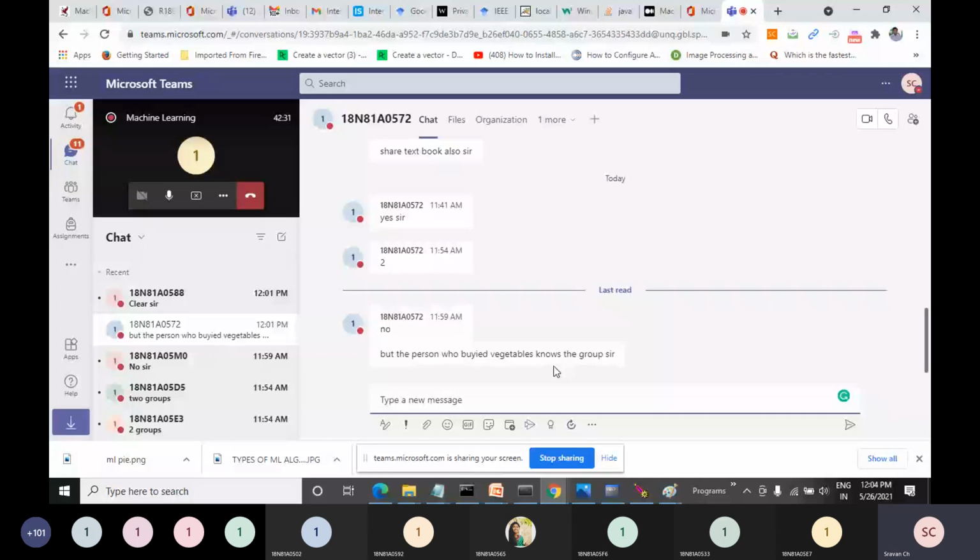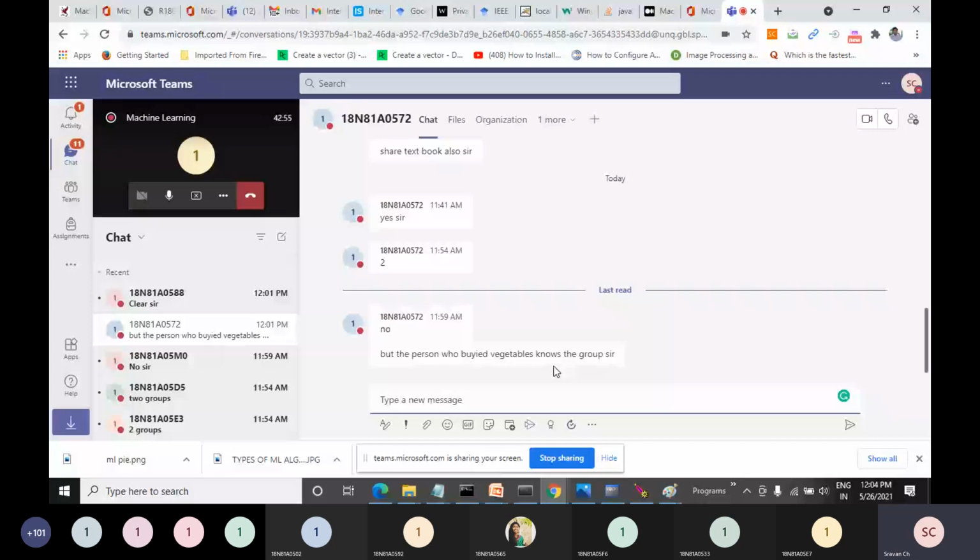Now you don't find a person who has purchased the vegetables, so there is no question of the person purchasing the vegetables and he knows everything, right? So generally what happens in real time is you get the data set, either from your client or you will download the data set from a different source. And when you download the data set, you are totally new to the data set, you don't know anything, and only after solving the problem you come to know the number of clusters in your data set.